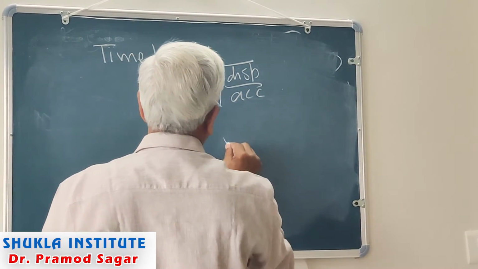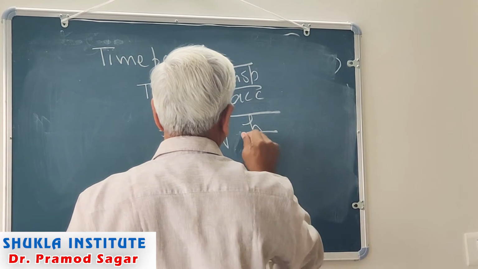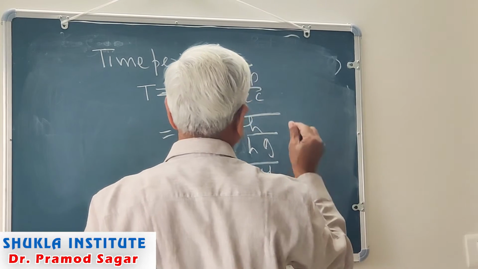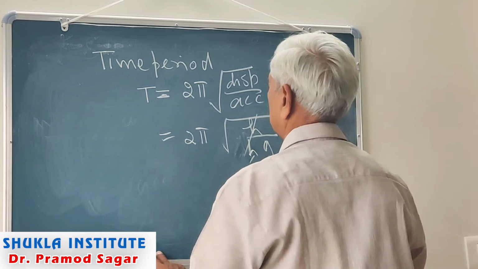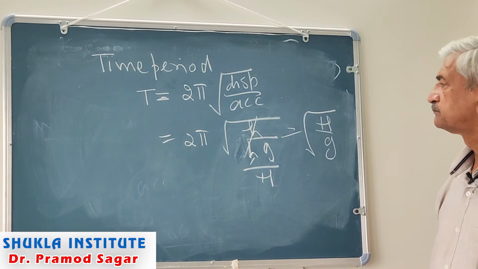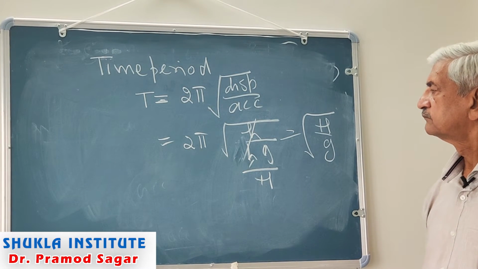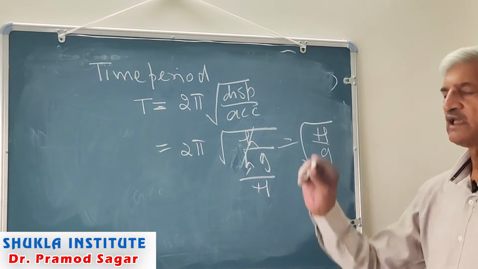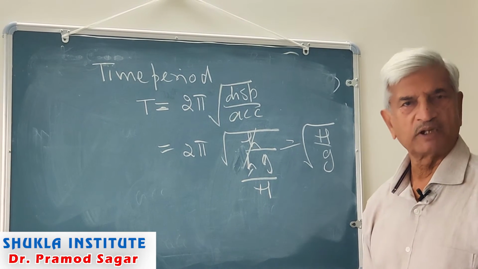It's 2 pi under root h upon g by capital H times h, so 2 pi root of capital H upon g is the time period. So this is the time period of the moving liquid in a capillary.